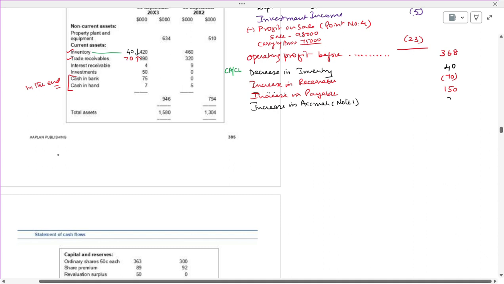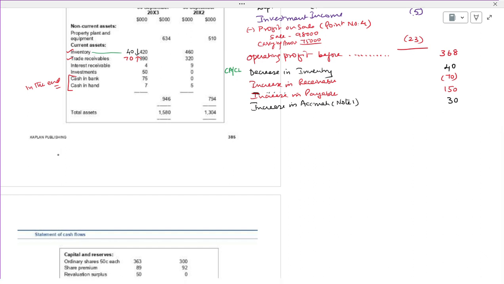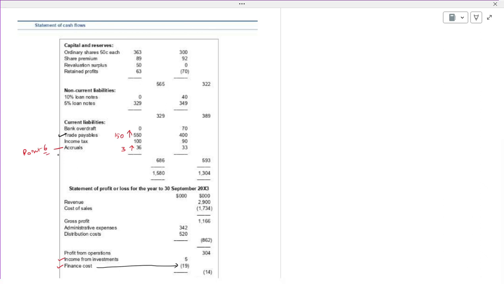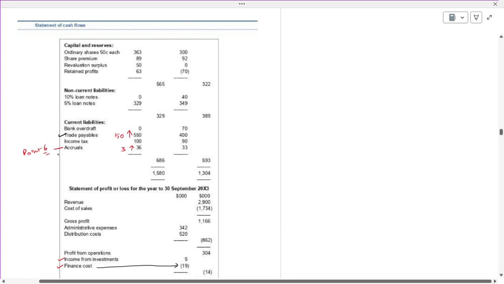How much increase in accruals? 30. Fine. We have taken the trade payables, we have taken the accruals. Next, you have to show everything separately.